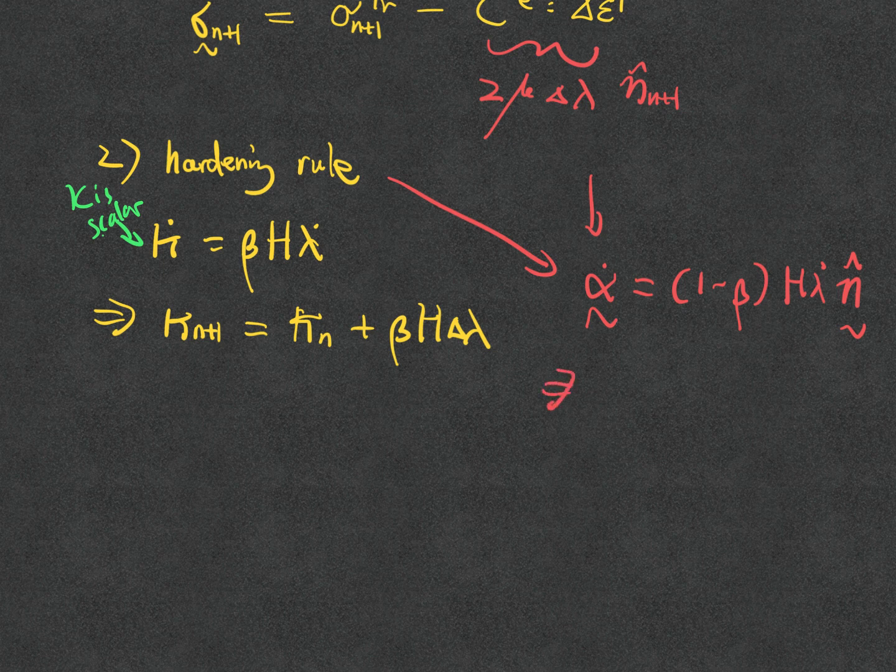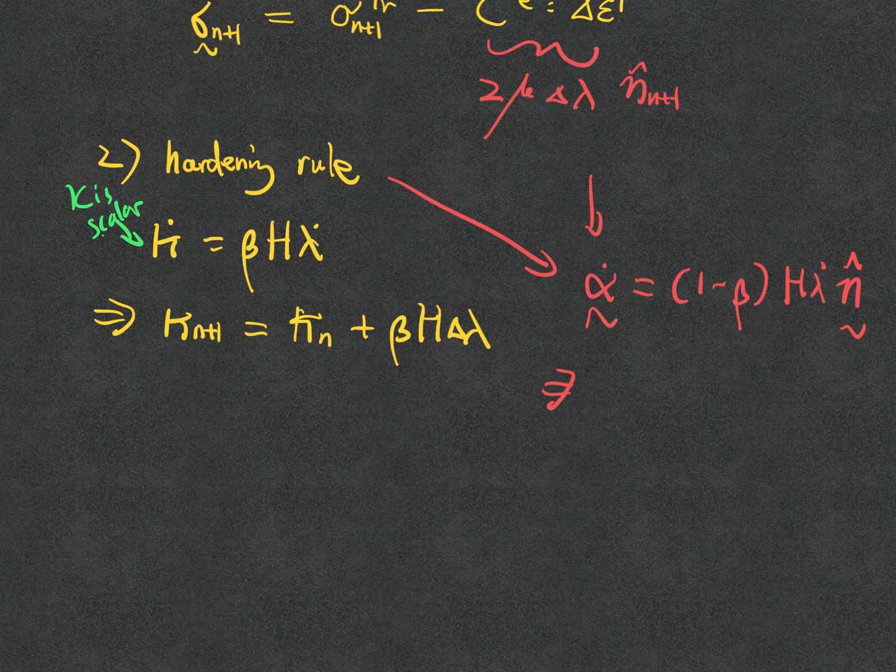Or more rigorously, I would say that alpha has the same rank as the Cauchy stress, and also the same property in the sense that alpha must also be symmetric. Why does alpha need to be a symmetric tensor? Because the Cauchy stress is symmetric, and it operates in the stress space.